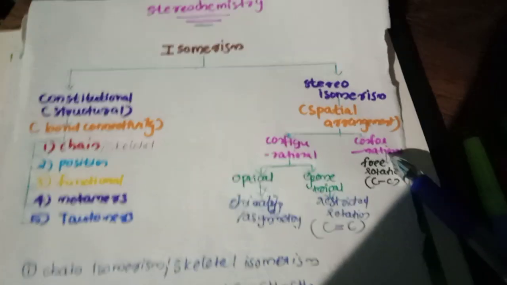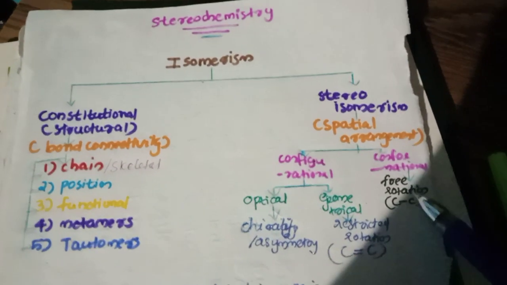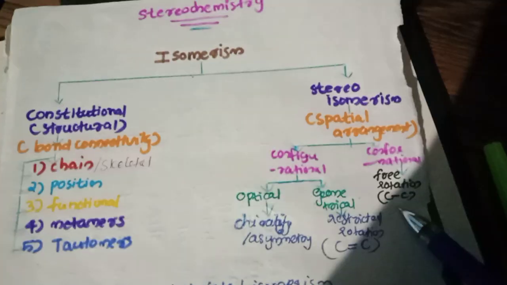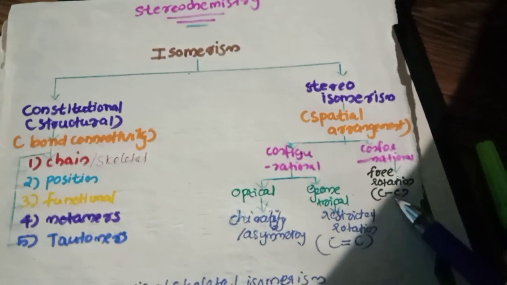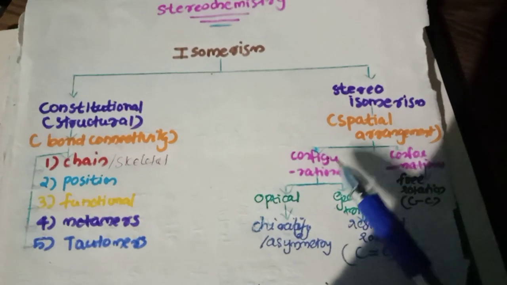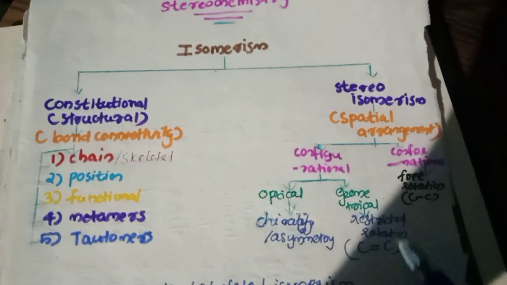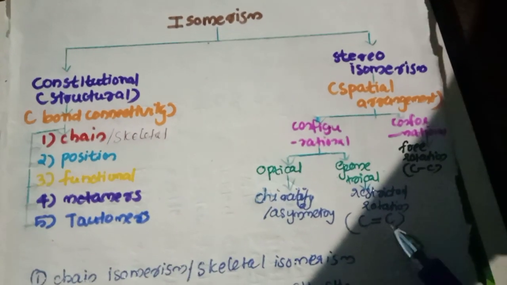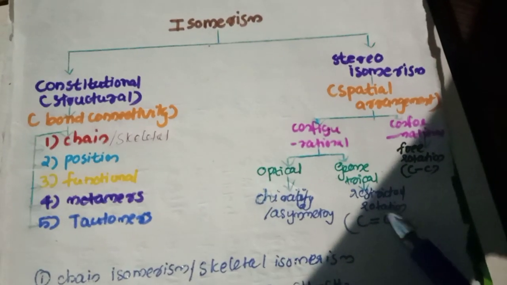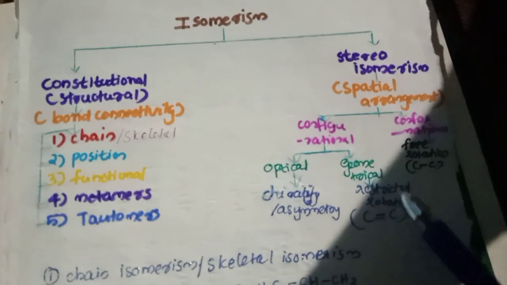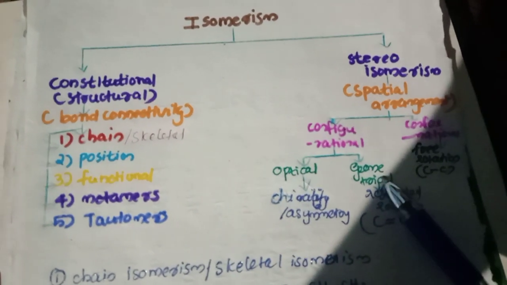next one is conformational isomers, which arise due to the free rotation of the carbon-carbon single bond. In configurational isomers, in geometrical isomers there is a carbon-carbon double bond with restricted rotation, which causes geometrical isomers.